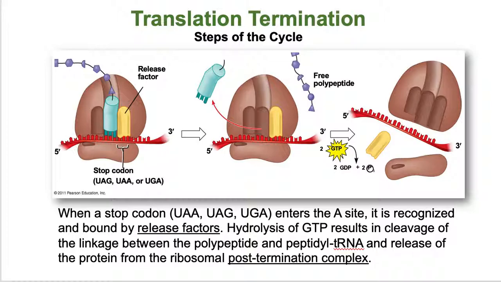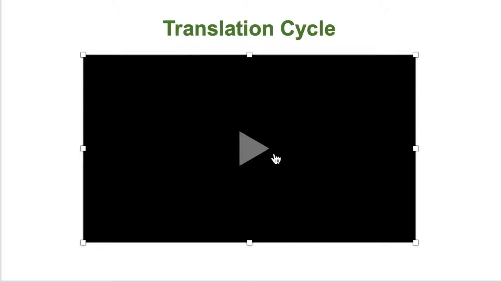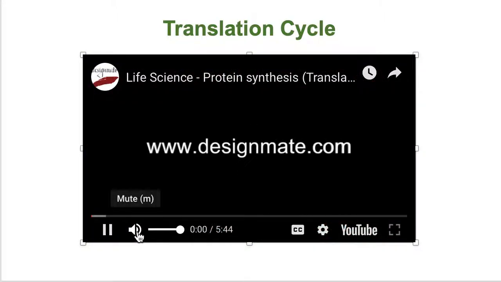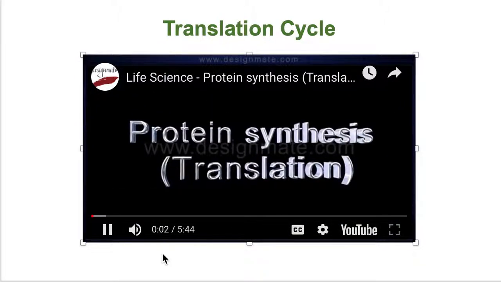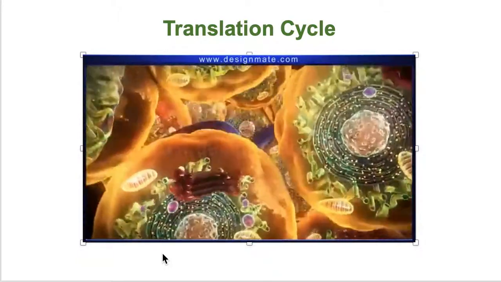This is an interesting little video about translation. It is hyper simplified and much more cartoonish, obviously, than it really is. So let's see, what we see is the small subunit of the ribosome.